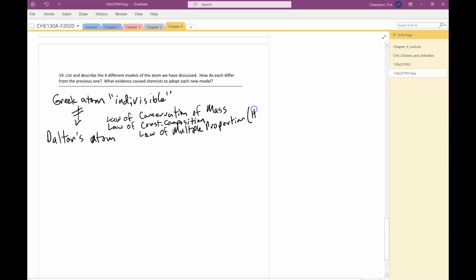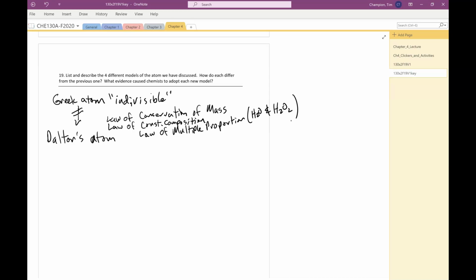So, for example, H2O and H2O2, which is hydrogen peroxide. In the H2O2, we have twice as much oxygen relative to hydrogen as in H2O. That's what the law of multiple proportions basically says.